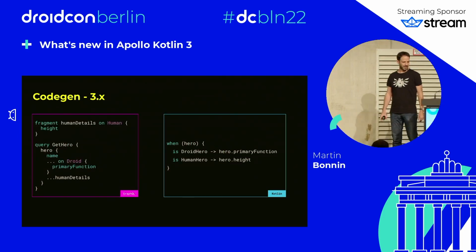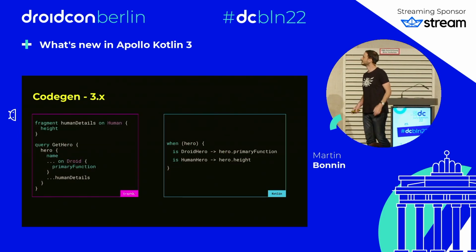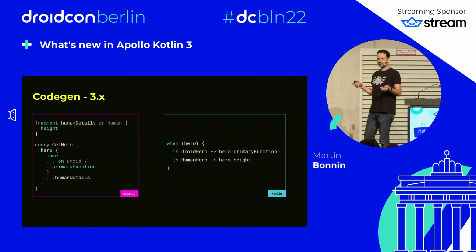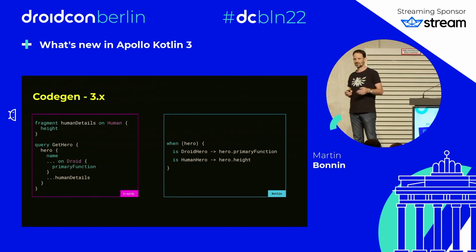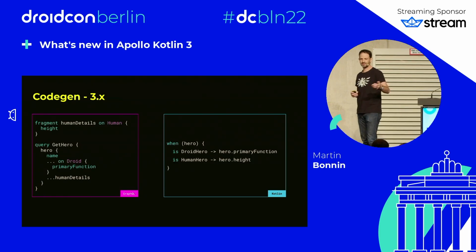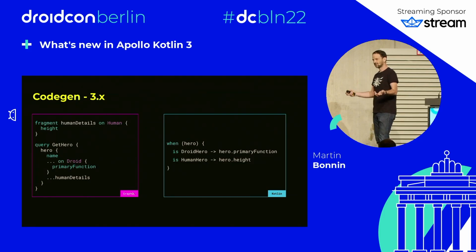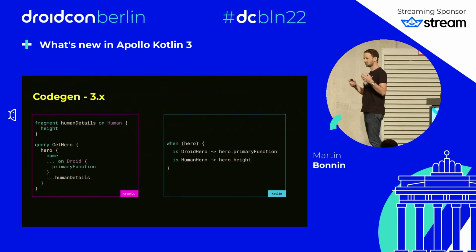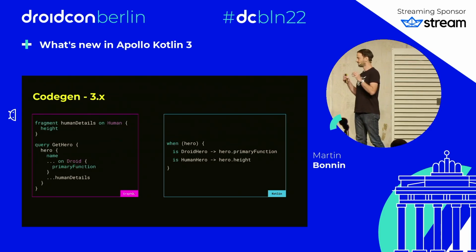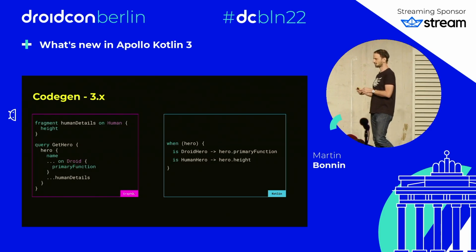So the idea behind the codegen in version 3 is, instead of having all these intermediate wrappers, why not leverage all the Kotlin sealed interfaces, all the exhaustive when statements, and use type inference to the best of it, and depending on the context of your object, directly access the fields like you would do when you read the JSON.